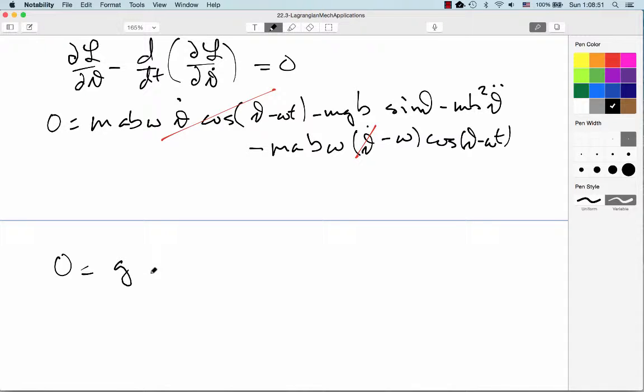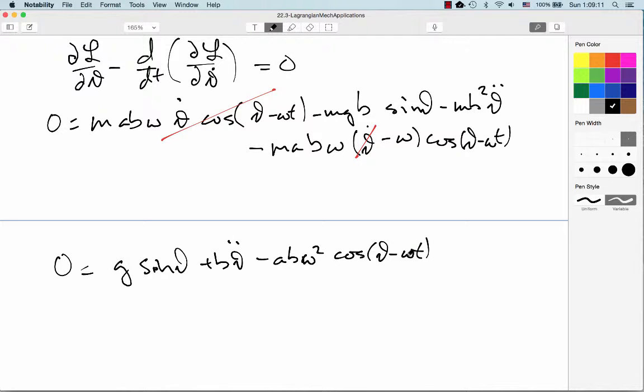We can divide the bunch of stuff out and clean it up a little bit, and you get g sine theta plus b theta double dot minus ab omega squared cosine of theta minus omega t.